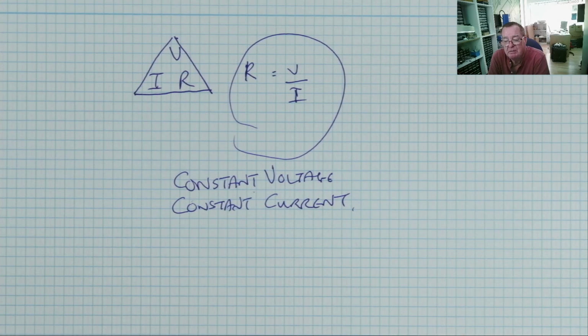So now we know there are two ways to do that. Let's have a look at how our multimeter does it. Does it do it the same way with both diode mode and resistance mode? Does it do it different ways, and which way does it use? Well, let's have a look.